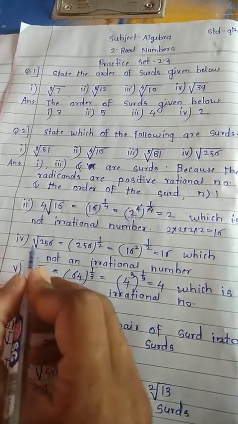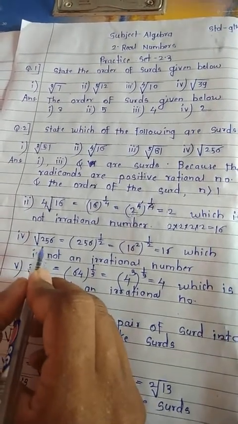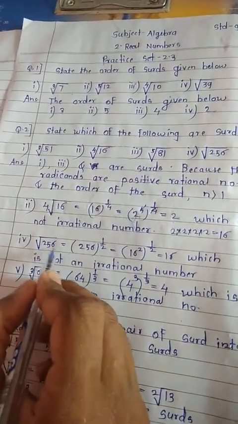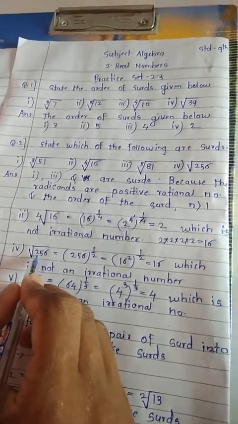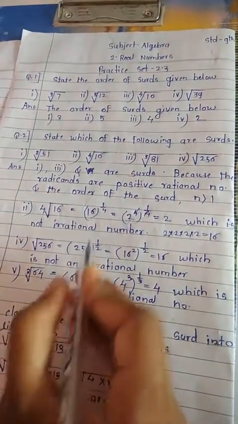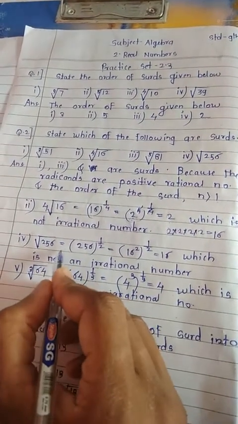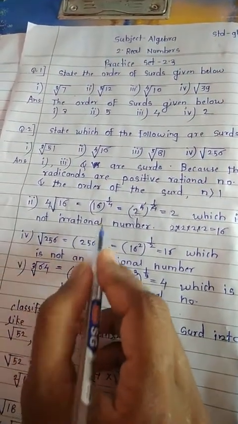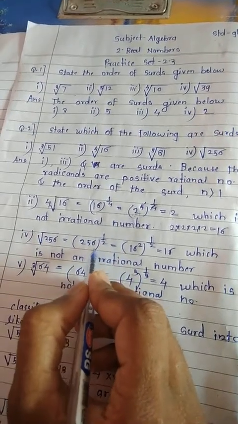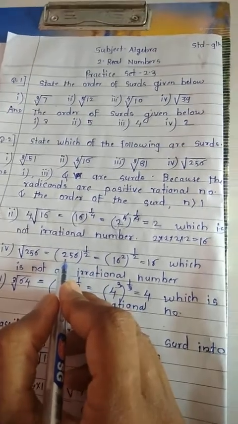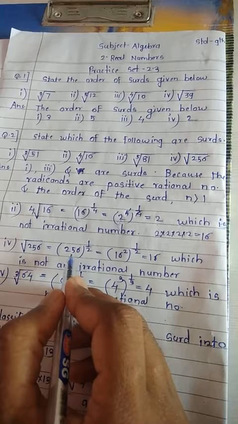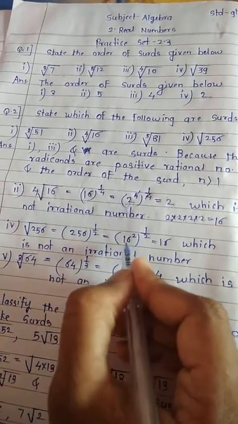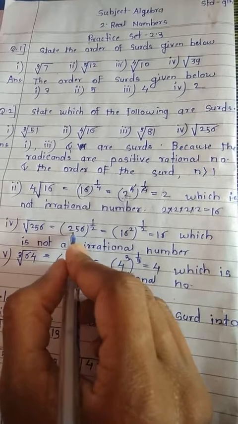Next example, root of 256. Root of 256 means the order is 2. So we write 256 in brackets raised to 1 by 2. 256 is the perfect square of 16, since 16 times 16 gives 256.